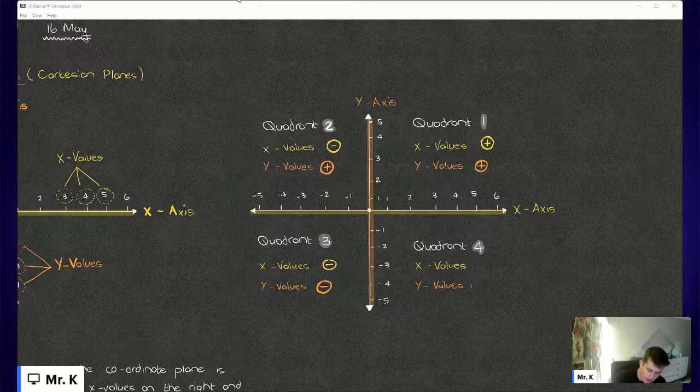And when we move into our final quadrant, quadrant number 4, the bottom right-hand corner of this coordinate plane, let's look at our x values first. Well, we look at the yellow line for our x values. All of our x values are back to being positive, grade 7s, right? And what about our y values?